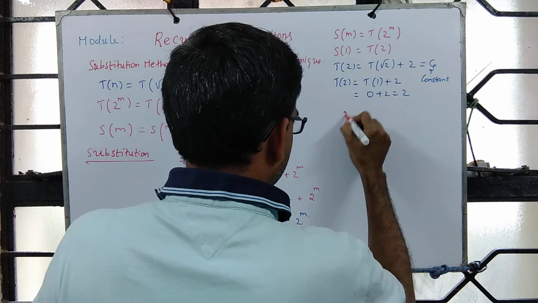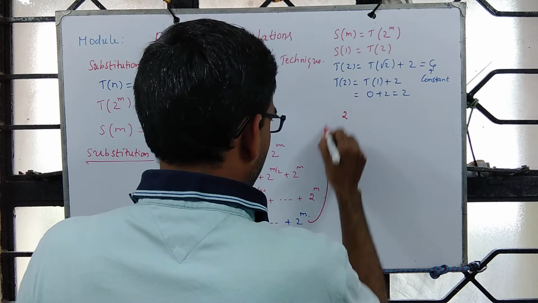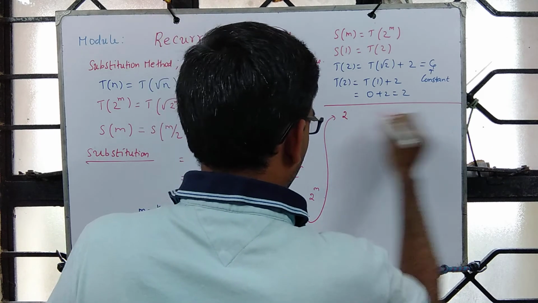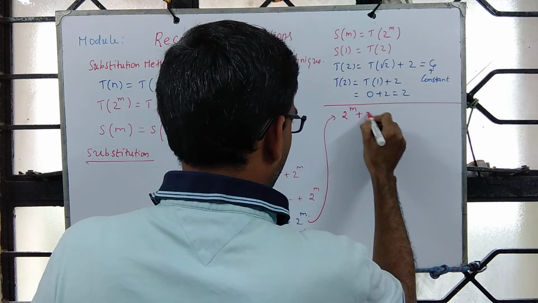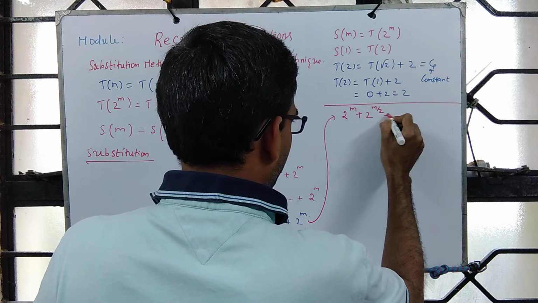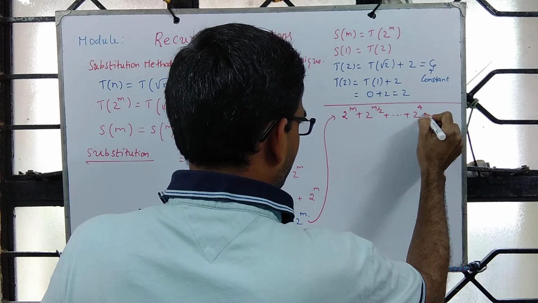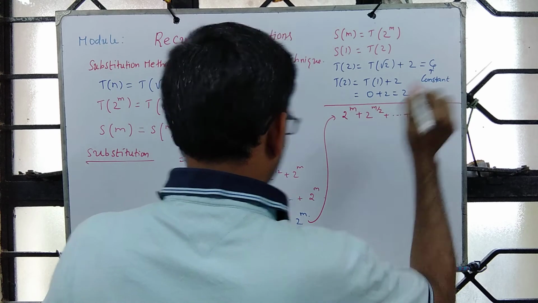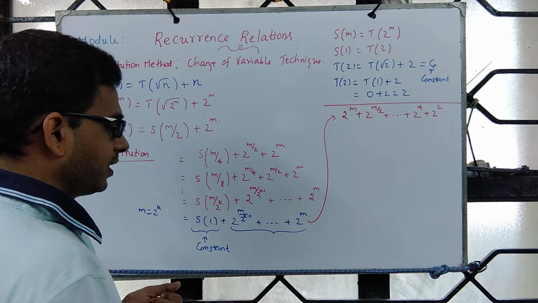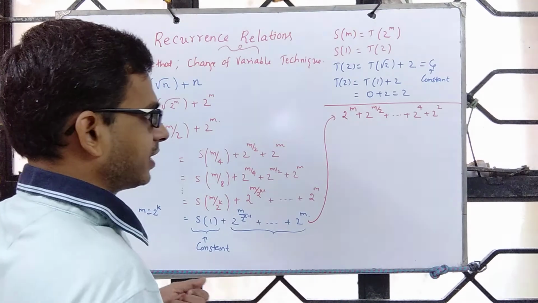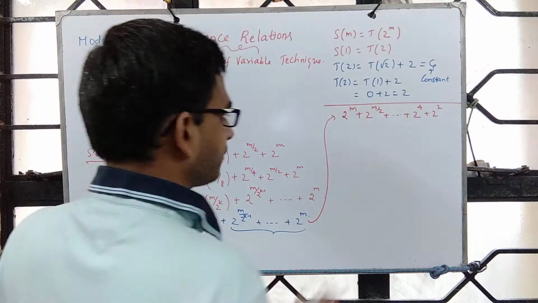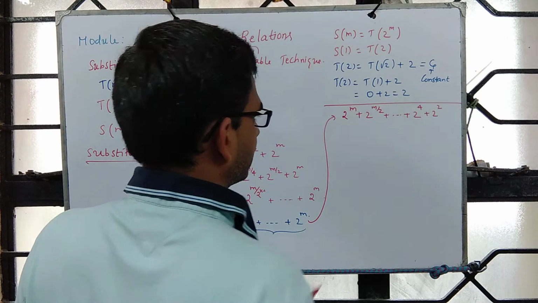The next part is interesting. You can see that it is 2^m plus 2^(m/2), like that it goes, and 2^4 plus 2^2. Correct? At this place it stops. Now what is the value of this?